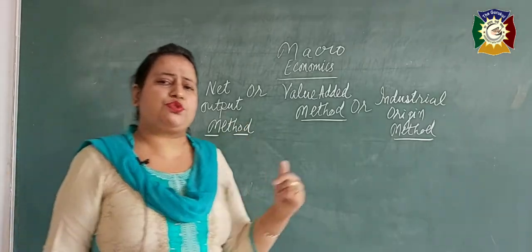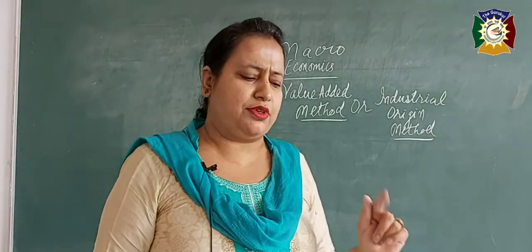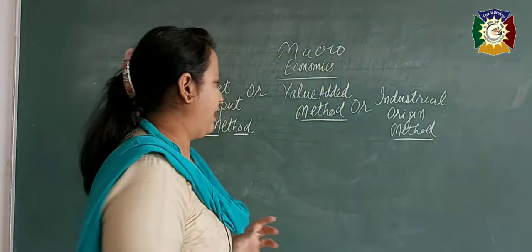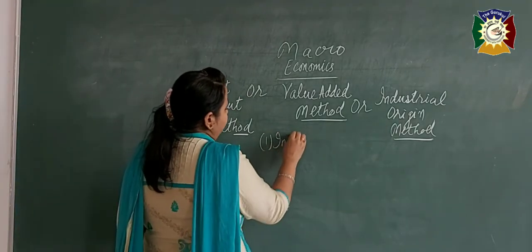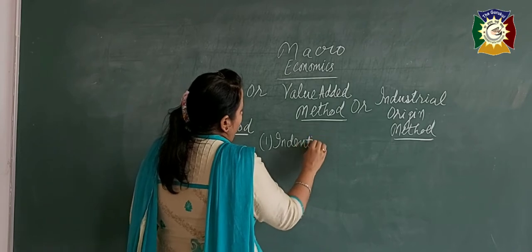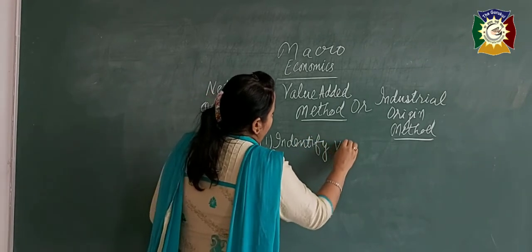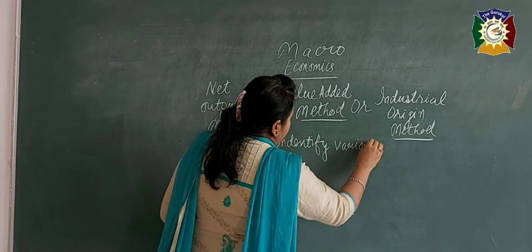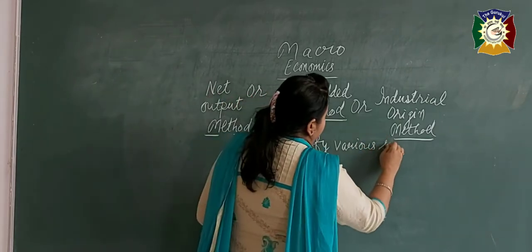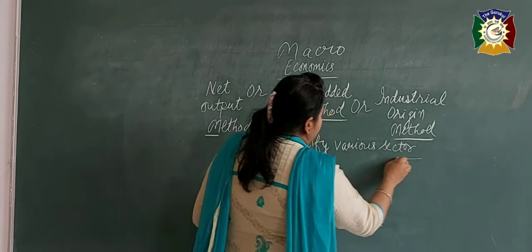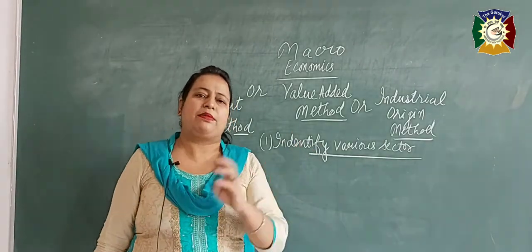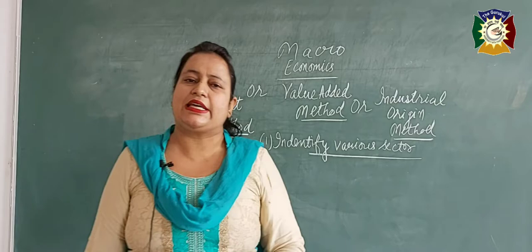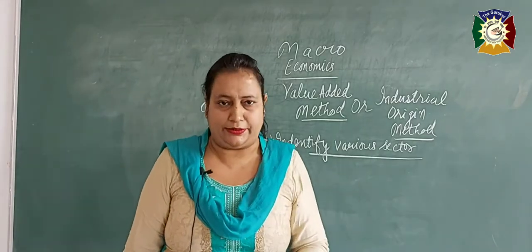There are some steps to find the national income. The first step is to identify various sectors. What do you mean by various sectors? There are three types of sectors: primary sector, secondary sector and tertiary sector.